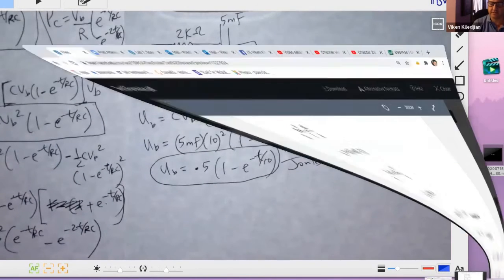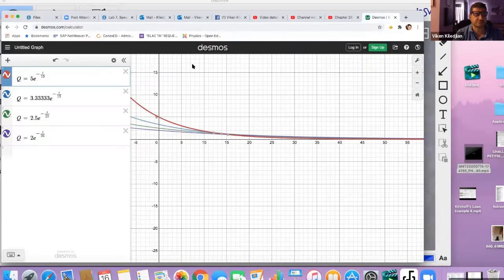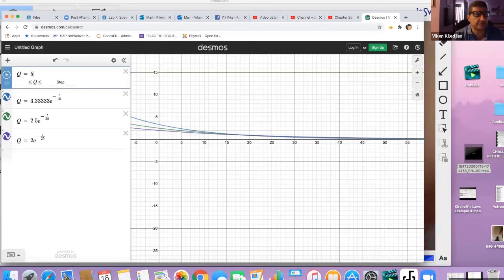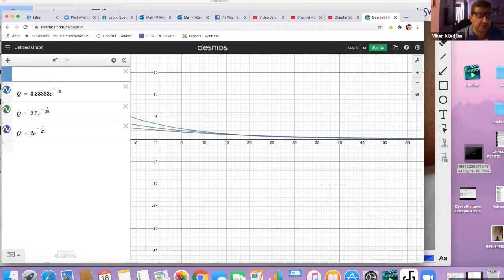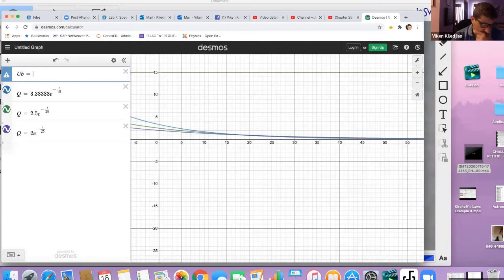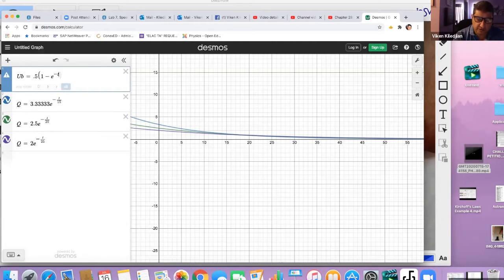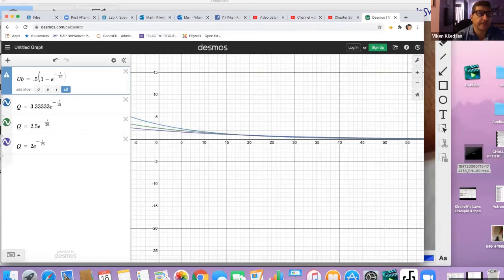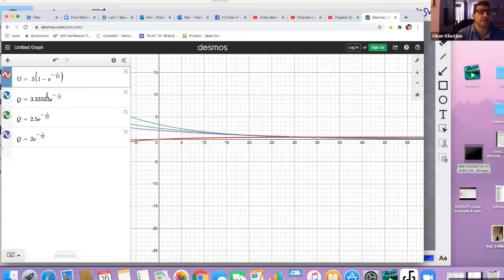Okay, now let's plot that. In that circuit, it's going to be the energy produced by the battery, 0.5 times 1 minus e to the power negative t over 10. Oh, maybe it doesn't like the, okay.